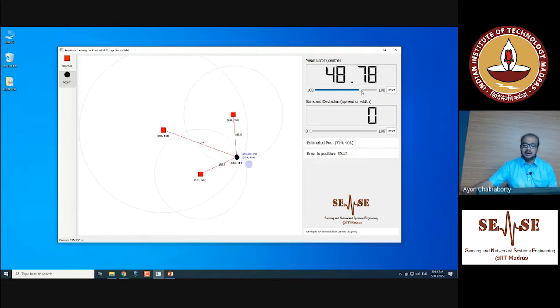I can increase the error. And if I increase the error, there is no particular point where these three circles intersect now. There is one big circle, a slightly bigger circle on top, and this bottom circle.